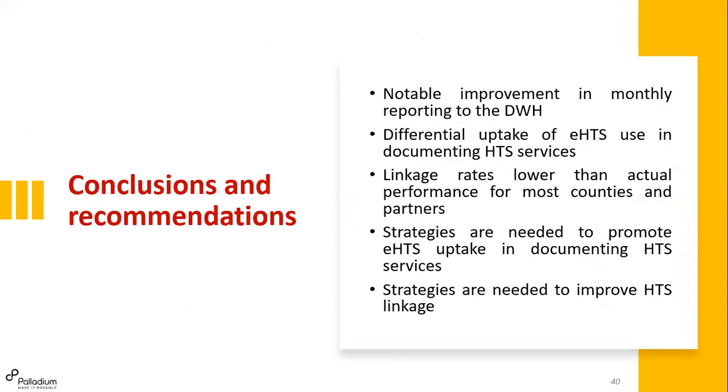With the exception of Eastern Binary, we can see that in most places, we have lower than what the linkage rates would be when it comes to performance. So for these two areas, we really need to have strategies to either document the linkage if it is done, or to improve linkage, and also to improve reporting. So I'll stop there and usher in the next presenter. Thank you.